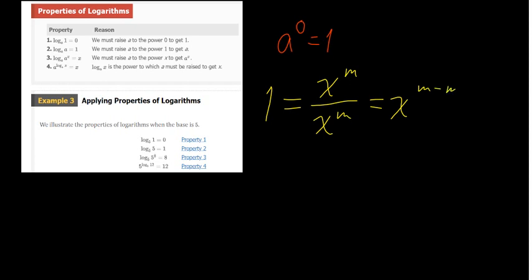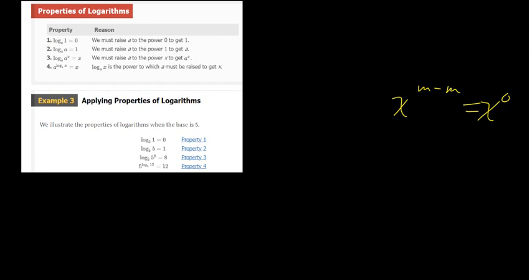Maybe I should have picked a better letter than an m. And then m minus m, well, that's just 0, right? So that's why anything raised to the 0th power is 1, because the same properties that we've talked about before come into play. So again, property 1 here, common sense, right?